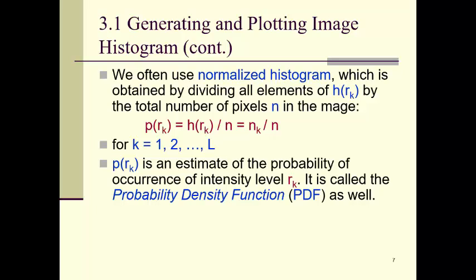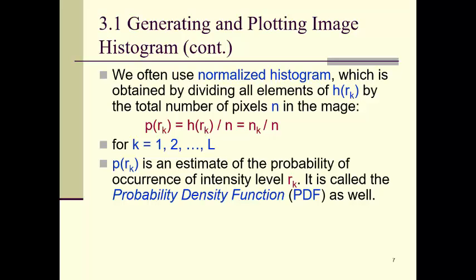For example, instead of having, let's say, the value 100 at intensity 1, the normalized value will be 100 divided by R multiplied by C. And I will apply it for all of the different intensity levels. Now, if I sum up all of these normalized values together, what will be the total? 1. Exactly, it will be equal to 1.